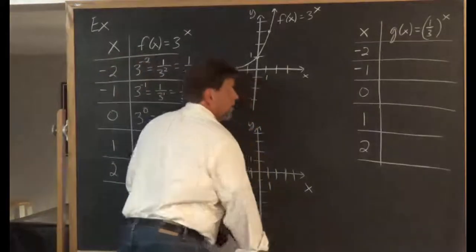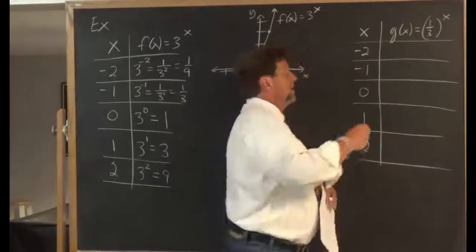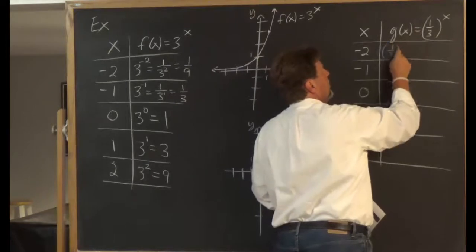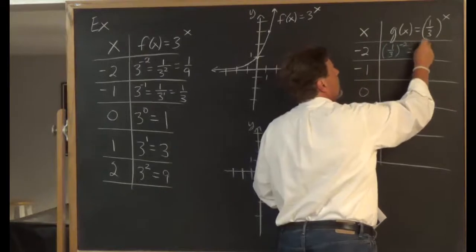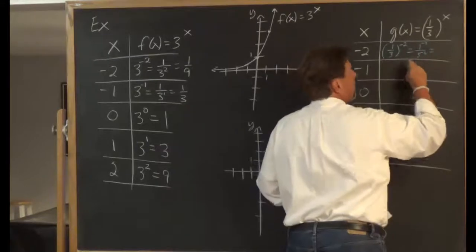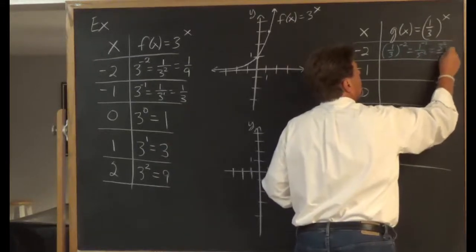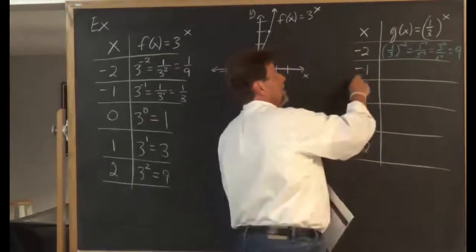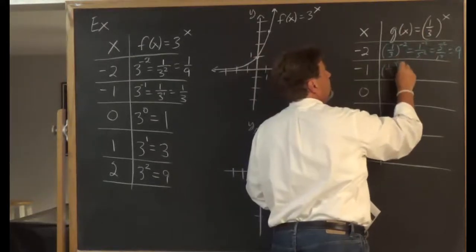So for the function g of x equals 1/3 to the x. Well, x is -2, so that would give us 1/3 to the -2nd power, which is 1 to the -2nd over 3 to the -2nd, or getting rid of those negative exponents, 3 squared over 1 squared, that gives us 9. -1 goes in for x, so we'd have 1/3 to the -1st.